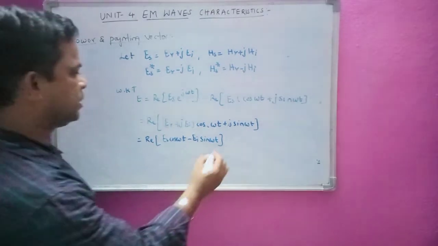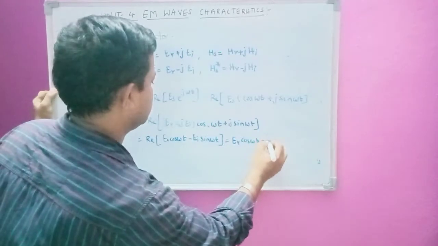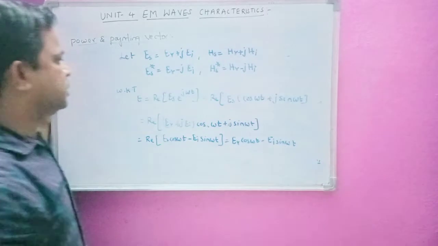So I will get the real part as Er cos omega t minus Ei sin omega t. Okay, that is what here we got.